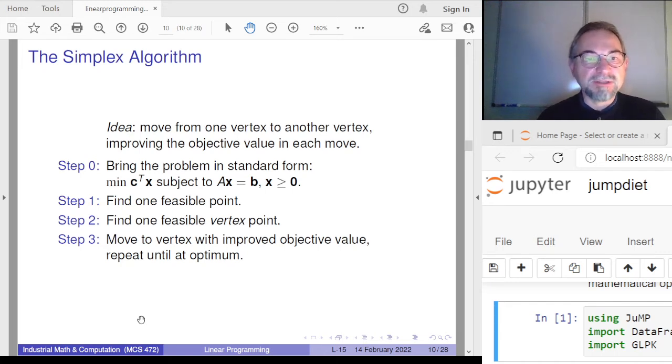Okay, so that's the idea in the abstract. You see, step 3 is the repeat until. The modeling, so bringing it in standard form and finding a feasible point, are separated into 3 steps now. So getting started in the simplex algorithm is often already more than half of the solution.